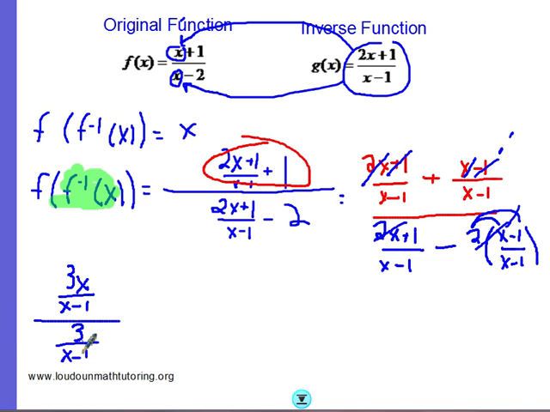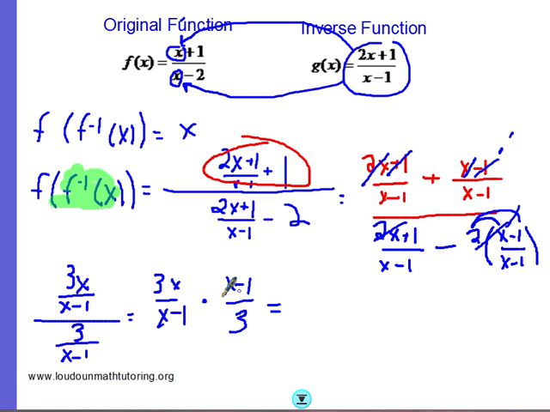Okay, now we have a fraction divided by a fraction. I don't know what your math teacher does, but I do what's called keep, change, flip. If you have a fraction divided by a fraction, keep the first fraction, change your division to a multiplication, and flip the second fraction. Get the reciprocal of that second fraction. Okay, I call that keep, change, flip.